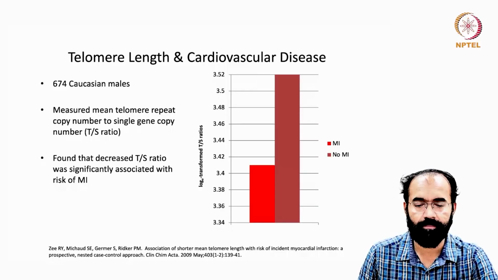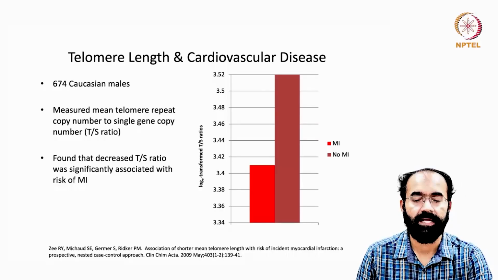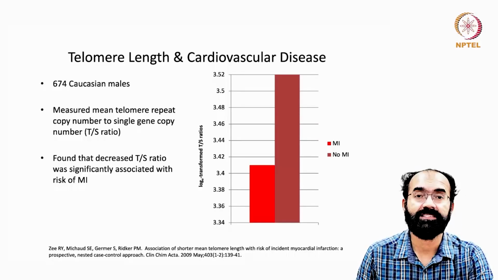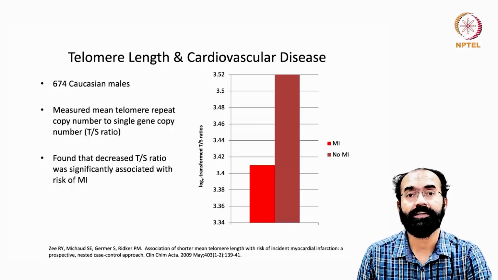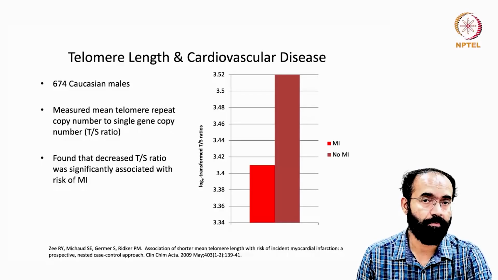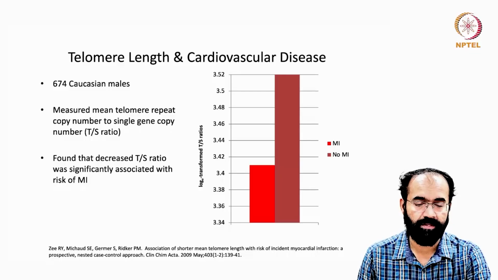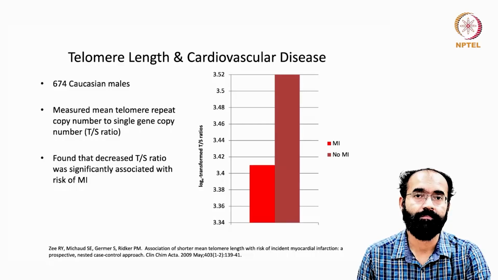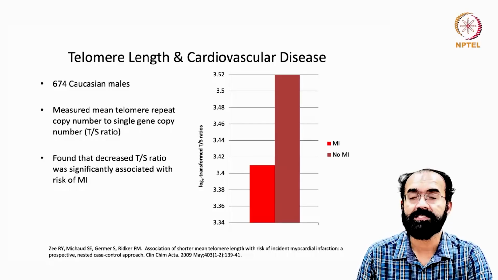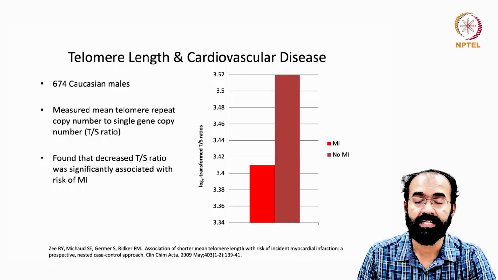So you can see here, as you get a healthy TS ratio like 3.5, that means the numerator T, where the repeat is, is quite healthy and high. So when that number is quite high, you can see the chances of myocardial infarction is low.